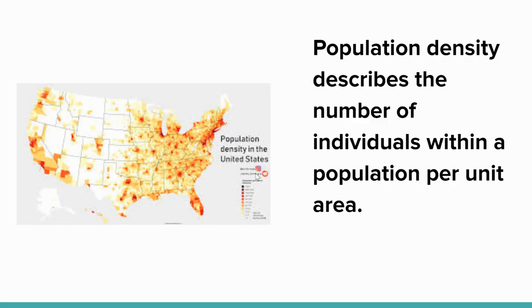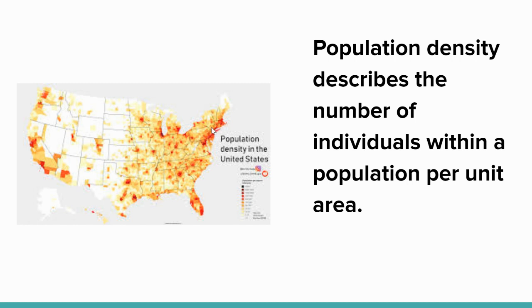Population density describes the number of individuals within a population per unit area. If we look at the picture here, we're talking about some highly populated areas. The darker it is, the more people that are in that area. If you only see white, there's not a lot of people. Many of you have heard me talk about my husband and when he had to live in Las Vegas. Right here in this corner where it's orange, that's Las Vegas. Out here in California, you can see the really dark red spots.